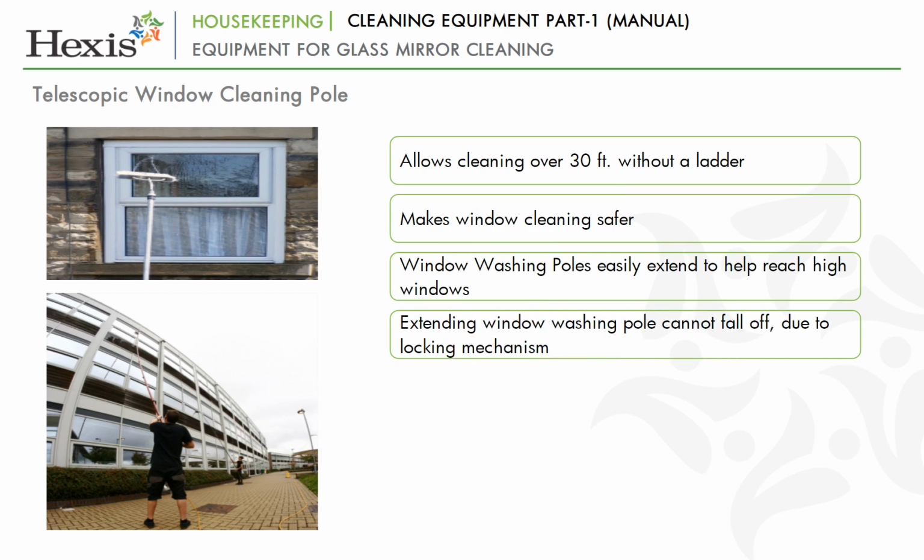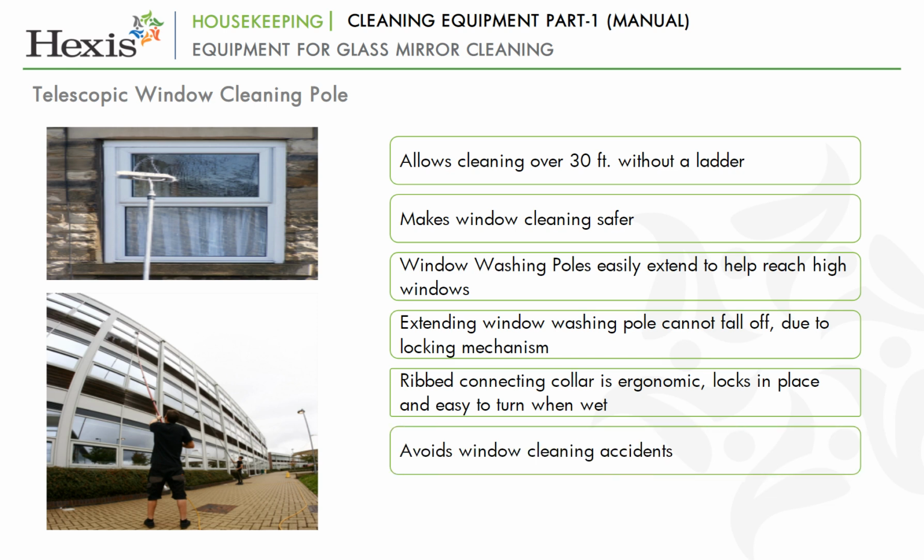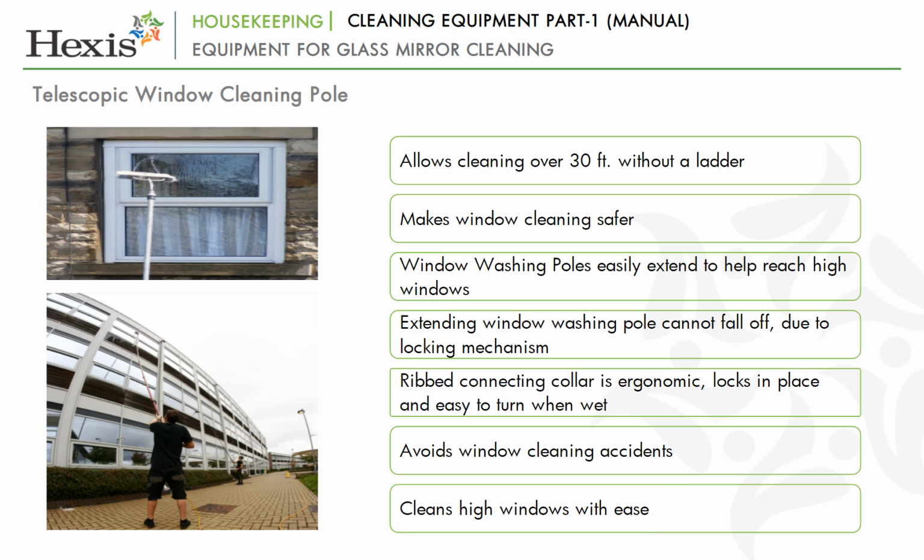Extending window washing pole cannot fall off due to locking mechanism. Ribbed connecting collar is ergonomic, locks in place, and easy to turn when wet. Avoid window cleaning accidents. Most accidents are caused by incorrect ladder use. Clean high windows with ease.